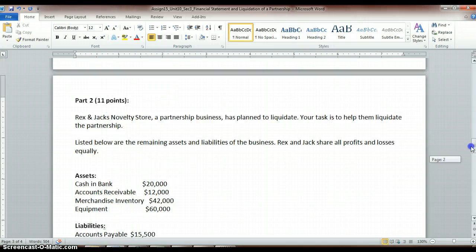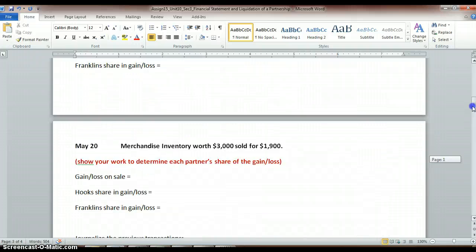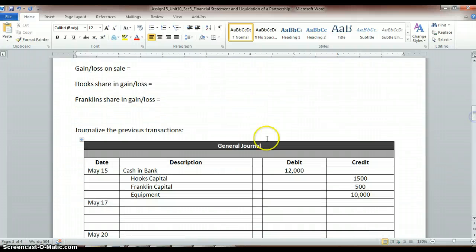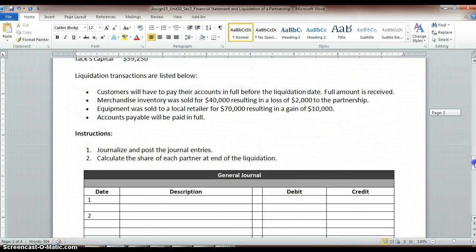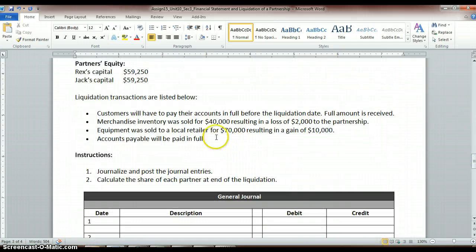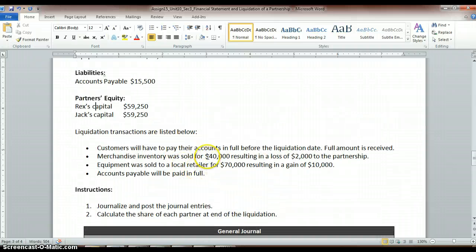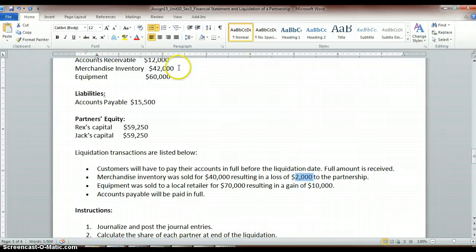So if you need to, refer back up to what you put for this transaction and look at how you record. This was for merchandise inventory. So we'll be increasing cash, decreasing capital accounts, and decreasing merchandise inventory.